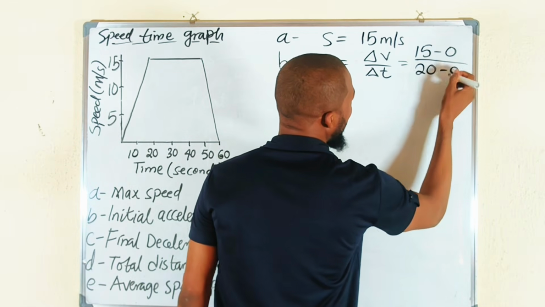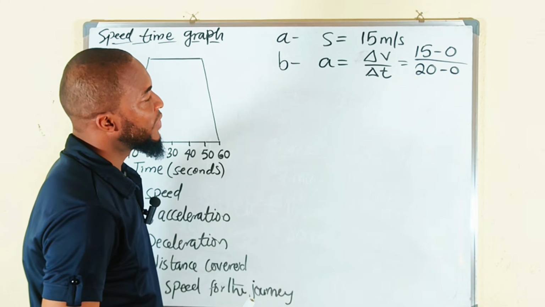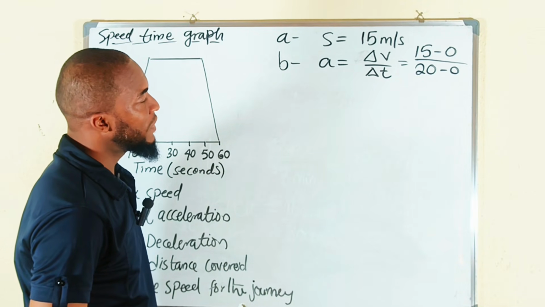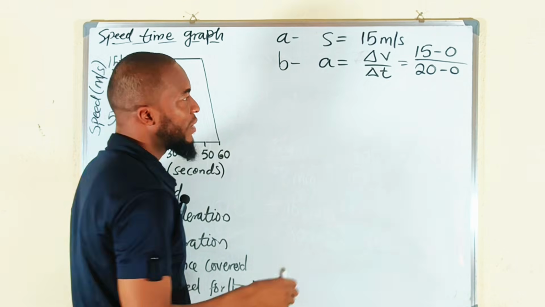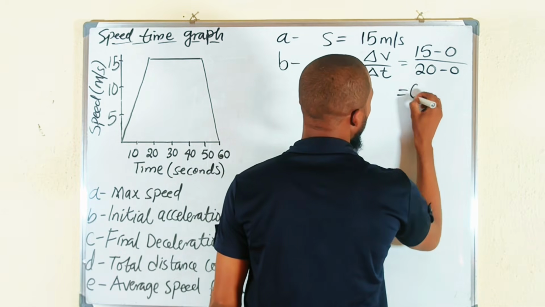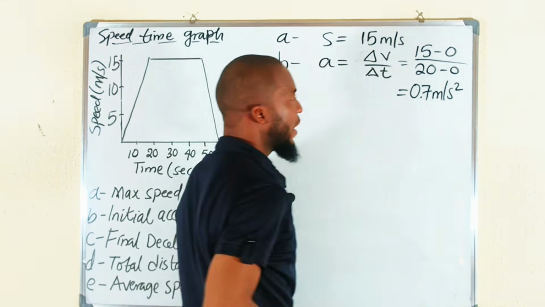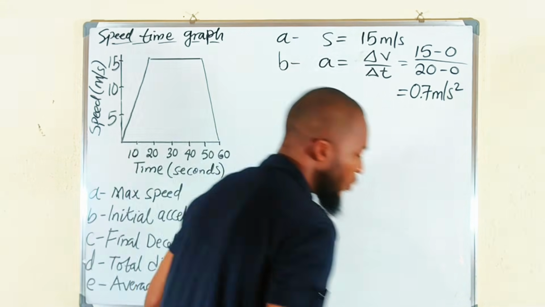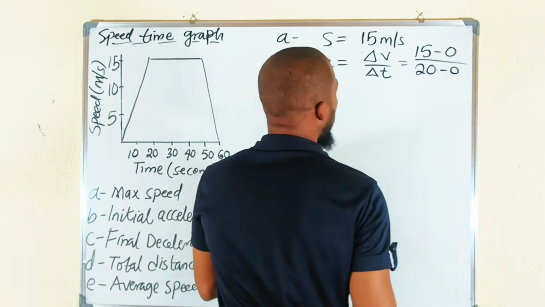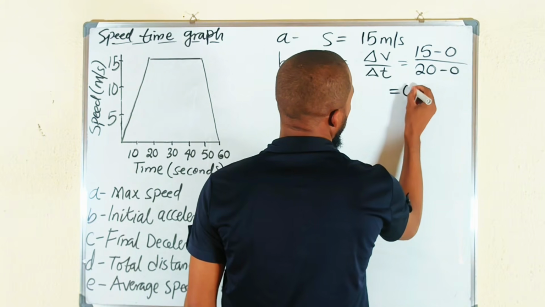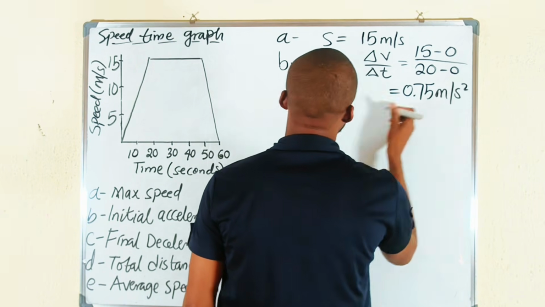This is going to give us 15 divided by 20, which is 0.75. So this is 0.75 meters per second squared. We are done with this one.